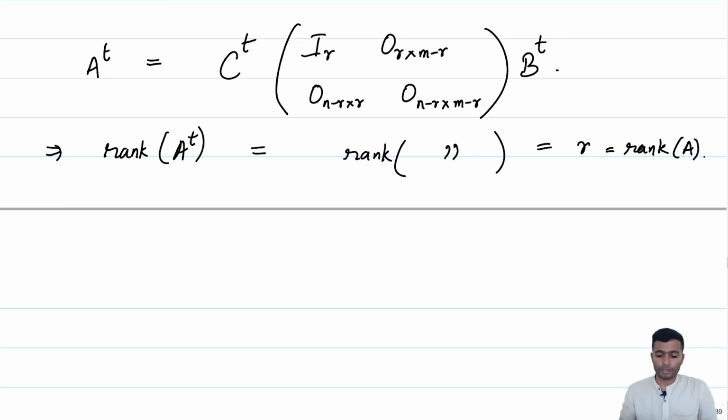So, it is not something arbitrary we have shown. If you just think about it, the rank of A transpose is the dimension of the column space of A transpose, but that is exactly the row space of A. So, the row space of A is in Rn and the column space is in Rm.